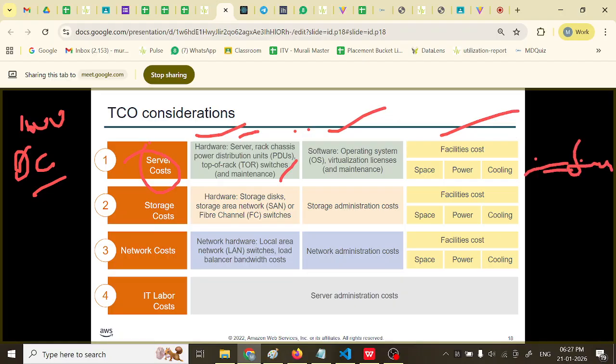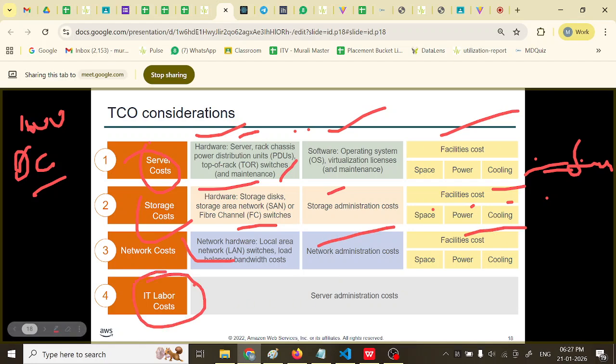Again the storage cost. For storage you have to use storage area network, fiber channel switches, storage administration cost, and again facilities cost, that is space, power, and cooling systems. So all these things you'll be having. Again network cost, network LAN, switch, anything, administrator cost, facilities cost.